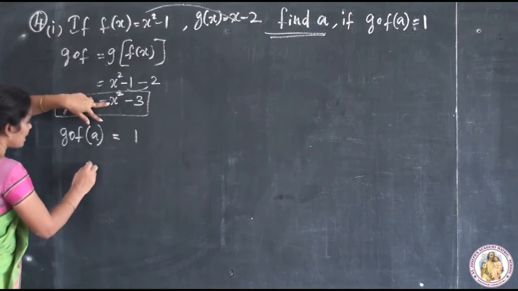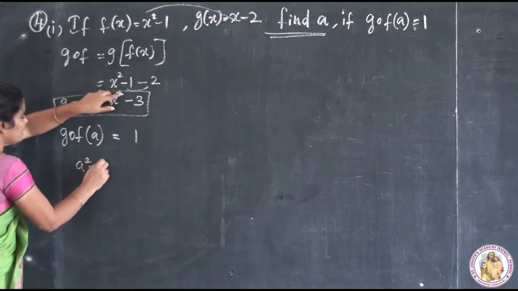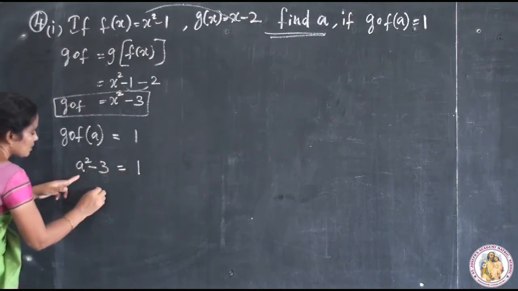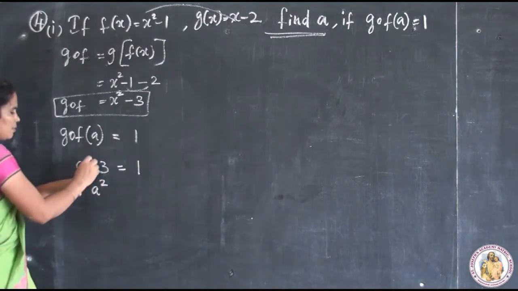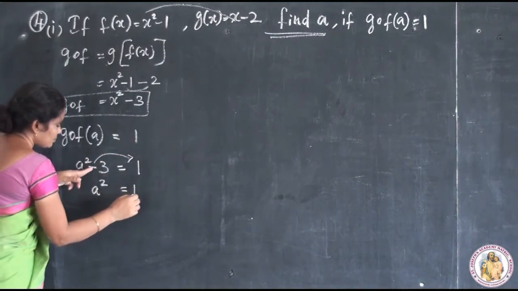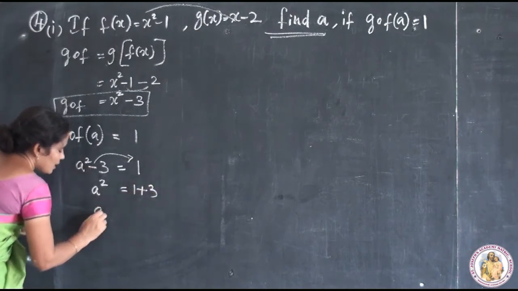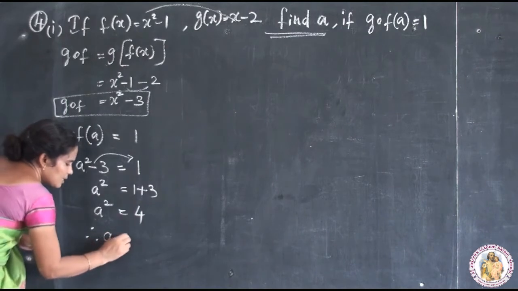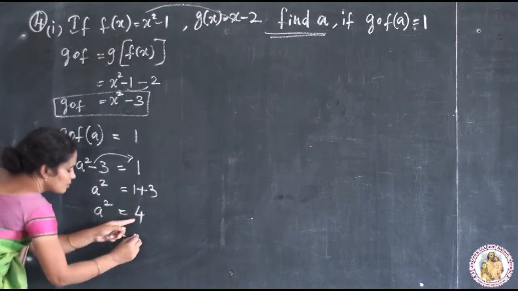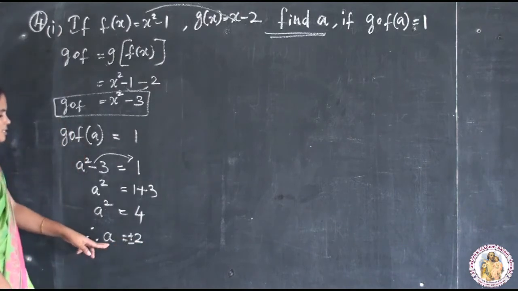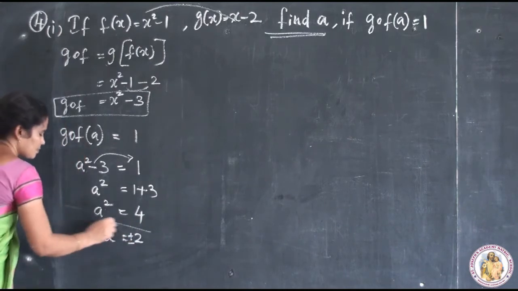That is a square minus 3 is equal to 1. Keep this a square, minus 3 will become plus 3. So a square is equal to 4. Therefore, a is equal to 2. That is a square, so write plus or minus, a is equal to plus or minus 2.